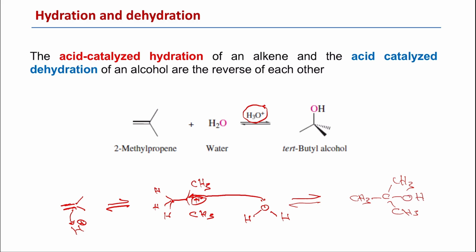Of course, the hydrogen will leave from the oxygen, so we will regenerate the acid, which is the catalyst. So this is the final product of this reaction. You will get the tertiary butyl alcohol rather than the primary alcohol.